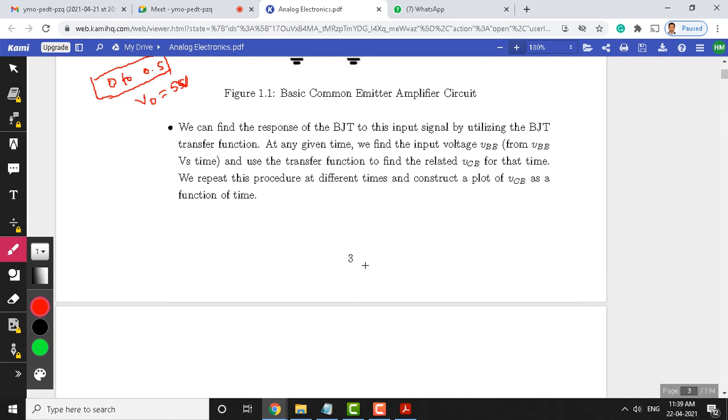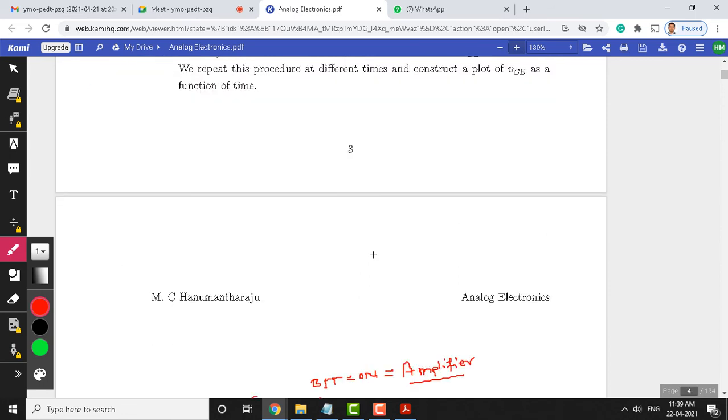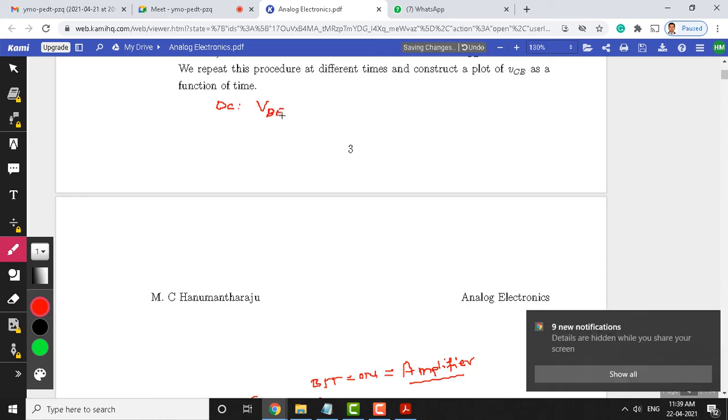A few more things I want to bring to your notice are the input voltage and current notations, though we discussed them last semester. DC quantities are written like this. For example, for the DC base emitter voltage, we write both V and BE in uppercase.